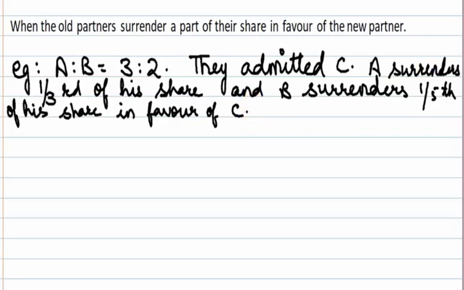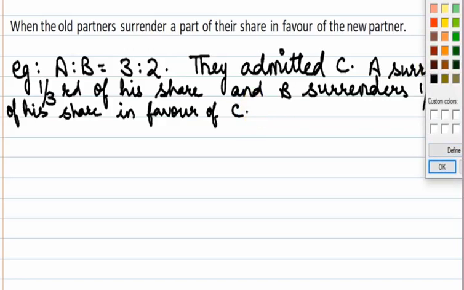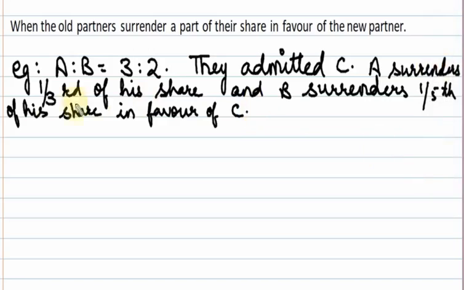Okay. So here we have the words 'of his share'. That means A surrendered 1/3 of his share, that is 3/5, and B surrendered 1/5 of his share, that is 1/5 of 2/5.